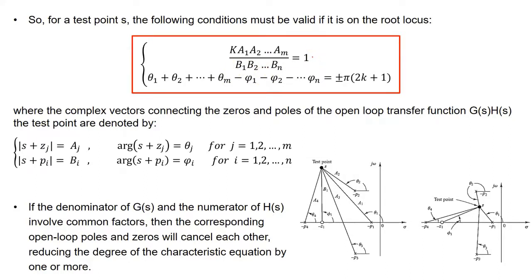And then, if we call the angle of the numerator terms, s plus zi, each one of those zero terms, theta j, and the angle, or argument, for s plus pi we call phi i, then, since the constant k is a real constant, that term does not have a phase, so it's going to be the summation of all thetas minus the summation of all the phis in the denominator, which should equal plus or minus pi times 2k plus 1, okay?